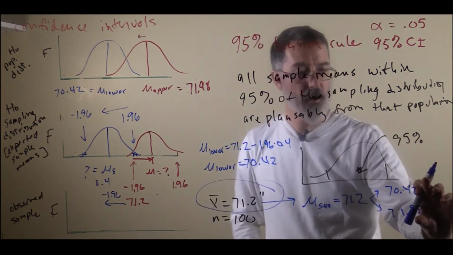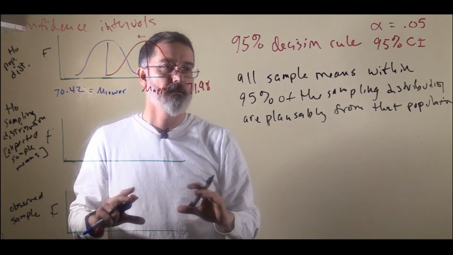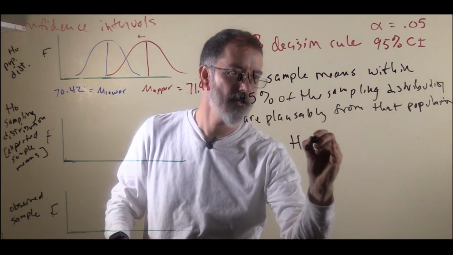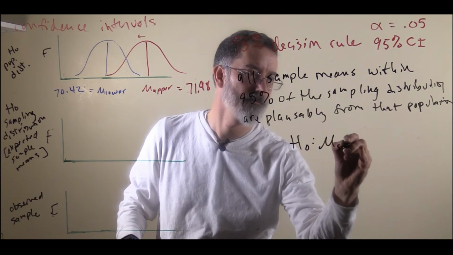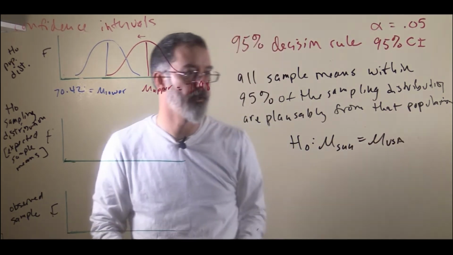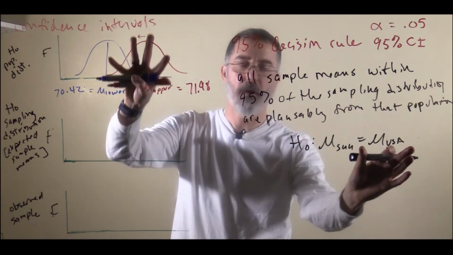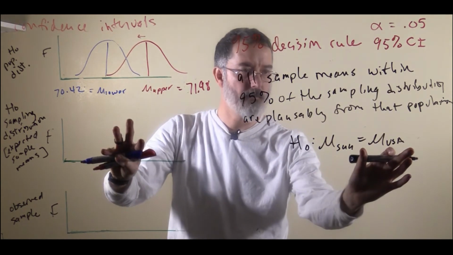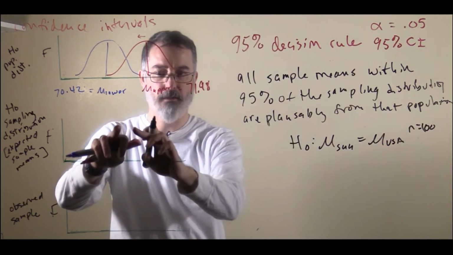So these are the kinds of population means that produce the observed sample that we had in our study. When we do a z-test, we test the hypothesis that our SUU men have the same height as American men. Usually we draw our population distribution up here, and given our sample size of 100, we could calculate the sampling distribution.